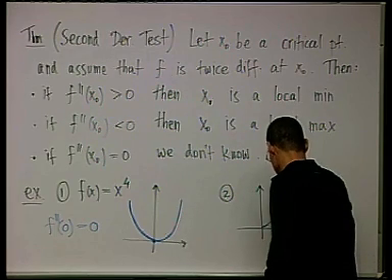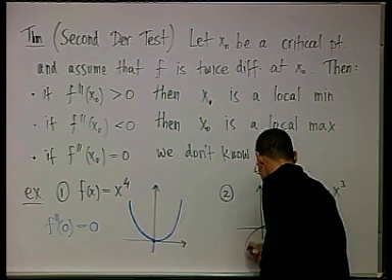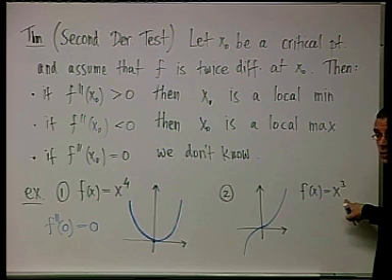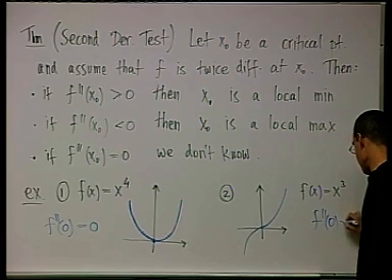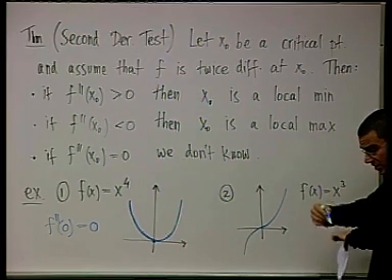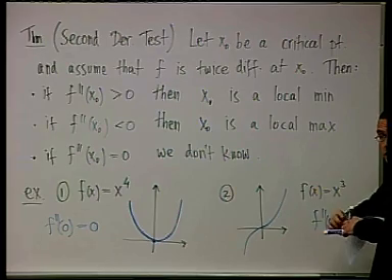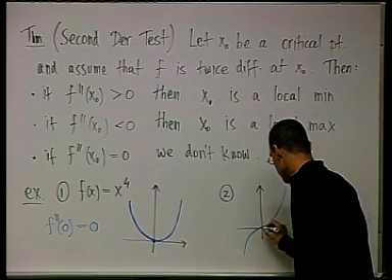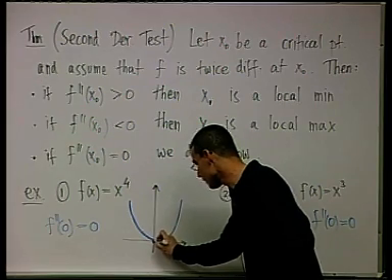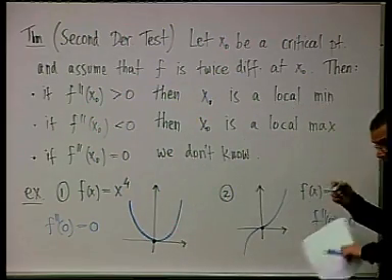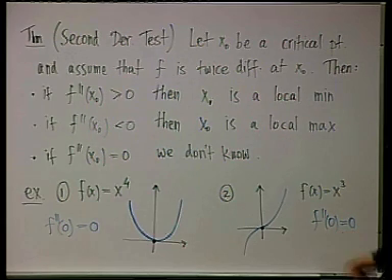And if you take x cubed, the first derivative is 3x squared. The second derivative is 6x. It's still satisfied that f prime prime at 0 is 0. And in this case, it's not an extremum at all. So all situations can happen when the derivative at the point is 0.